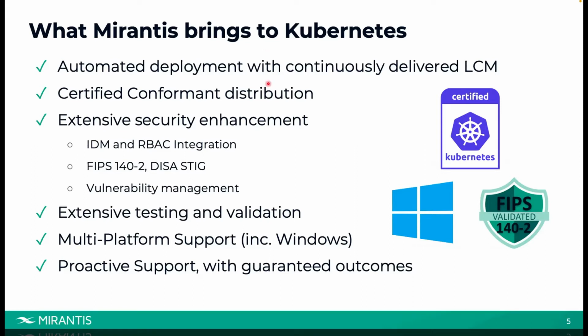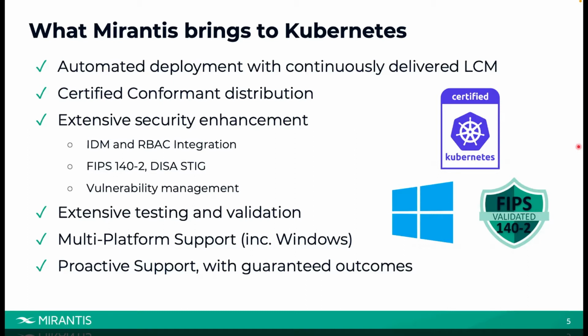With Mirantis, we can provide automatic deployment with continuously delivered lifecycle management. These are things such as updates and upgrades to your Kubernetes runtimes and your environment, making sure everything is up to date. Pertinent to our topic today and the question you just asked, we have extensive security enhancements to the infrastructure products.